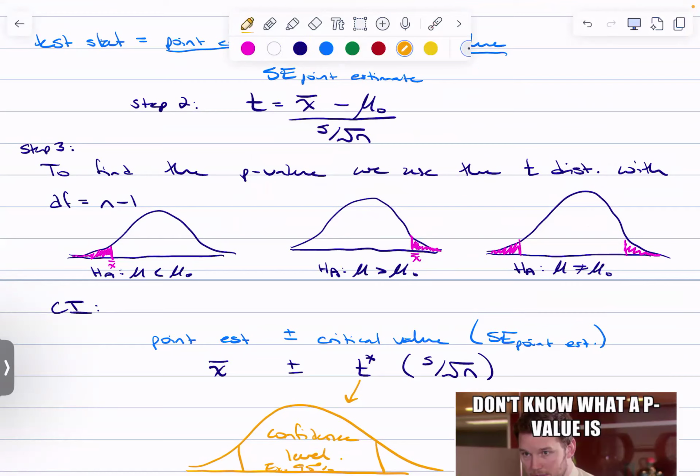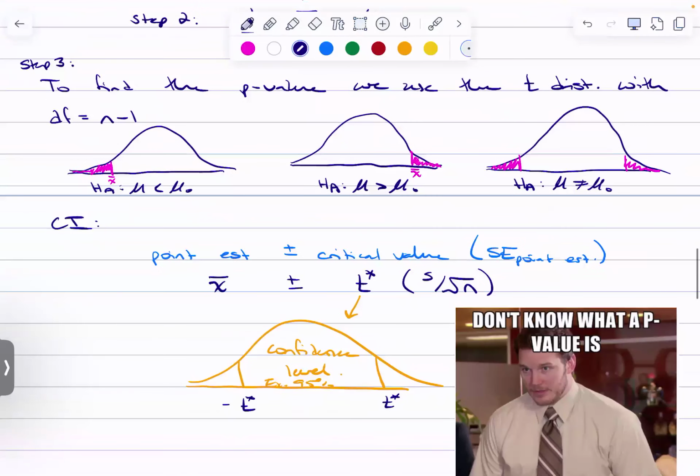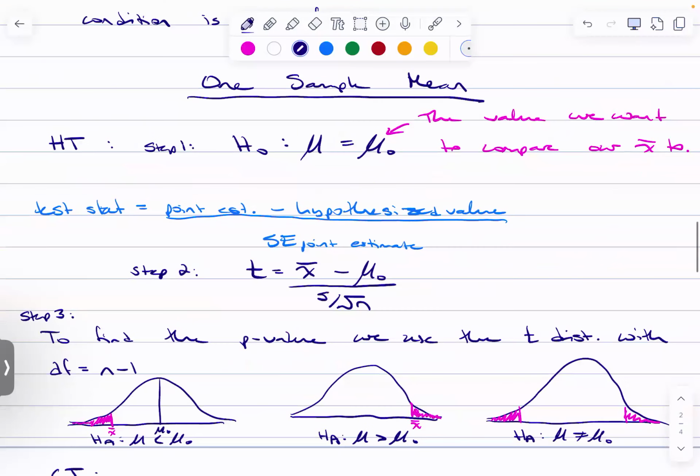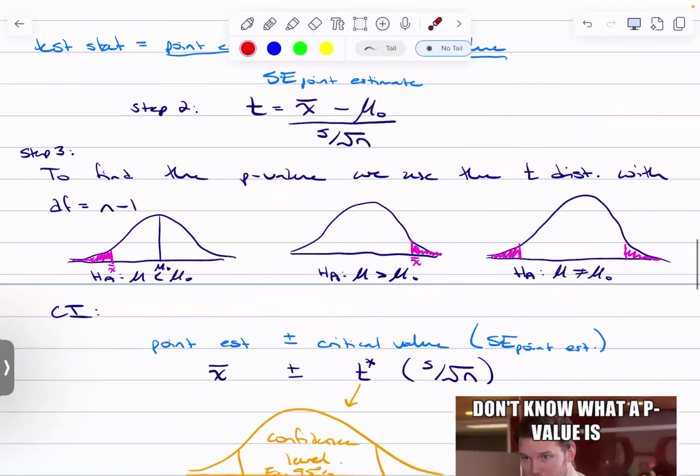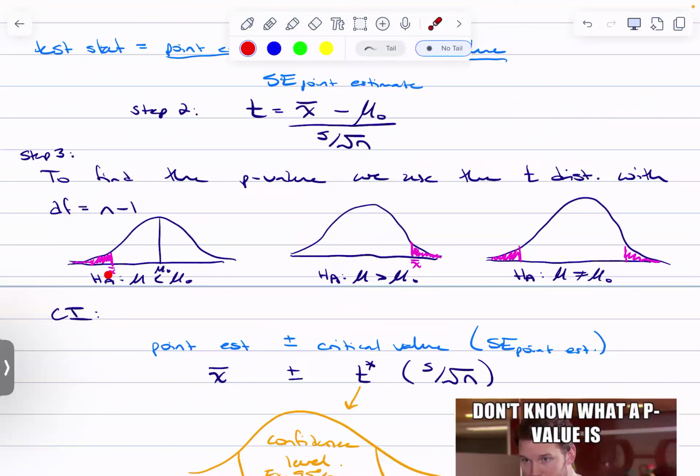Which means that these are all centered on what? They're all centered on mu naught, because my null hypothesis was mu is mu naught. So assuming that that's true, then what's the probability, the p-value, of me seeing an x bar way down here? Right? That's the p-value.